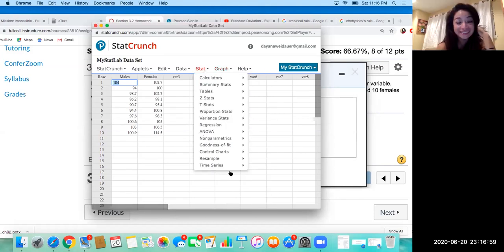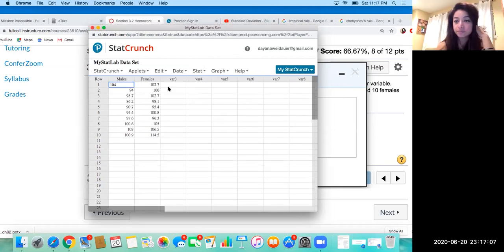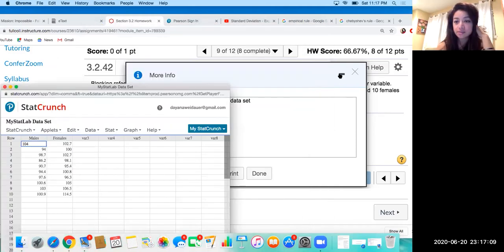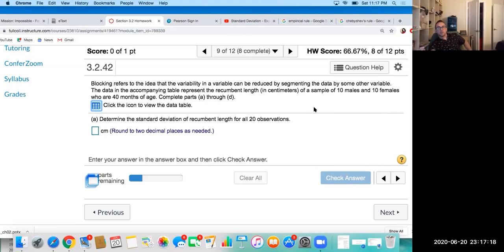Oh. So how are we going to do it then? Because I don't think it wants us to do it separately. It says all of them, right? It says determine the standard deviation of recumbent length for all 20 observations, right? So how do we do this? Let's see if we can figure this out.